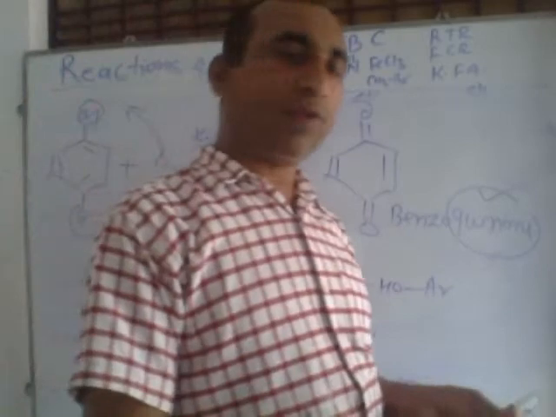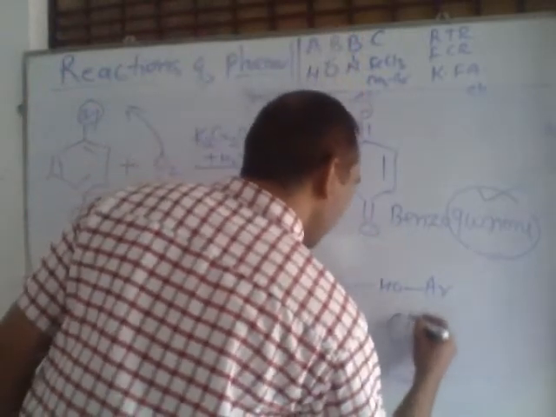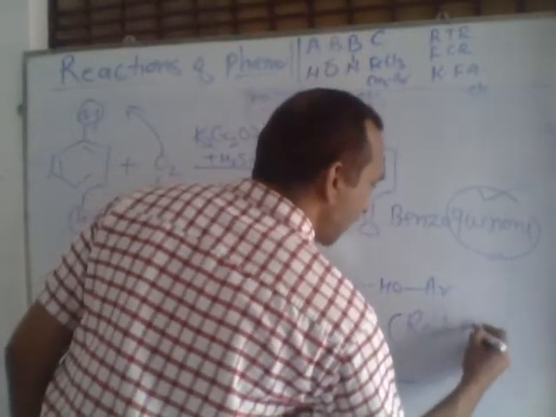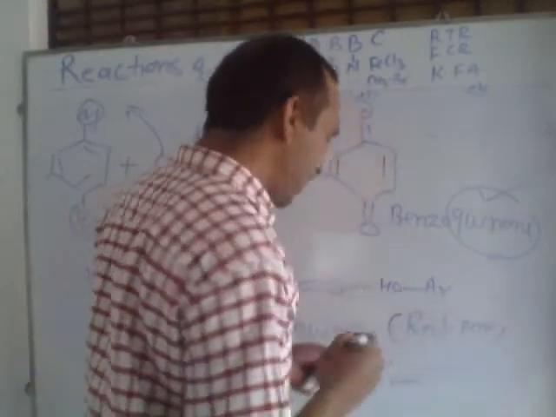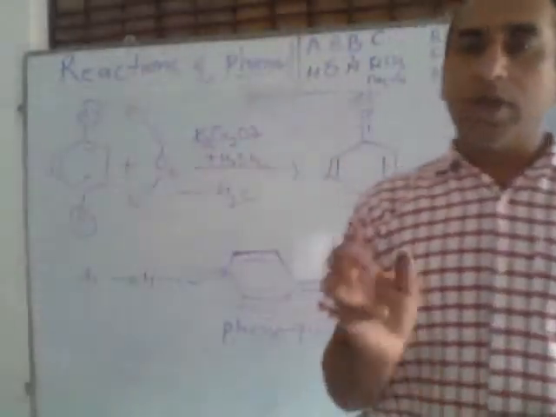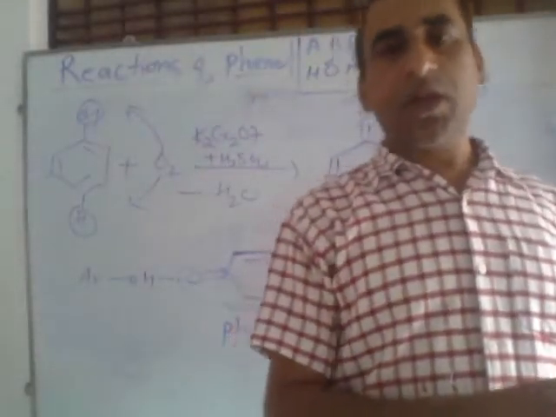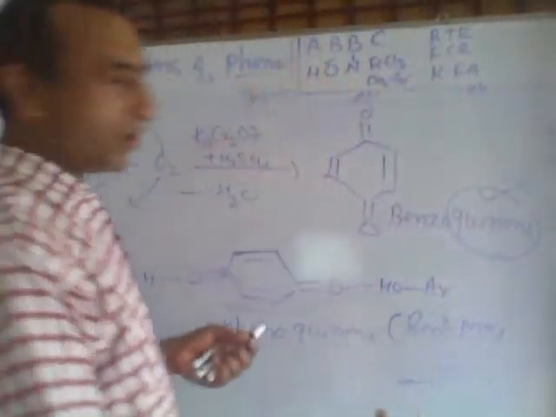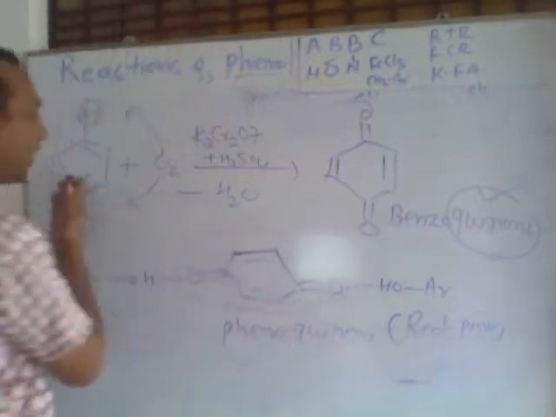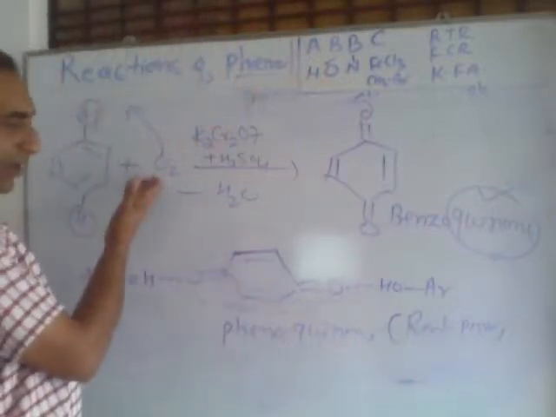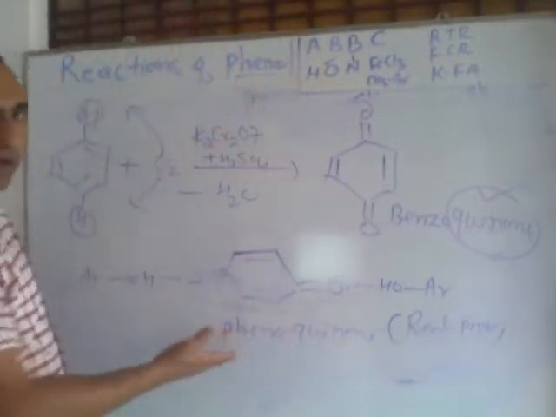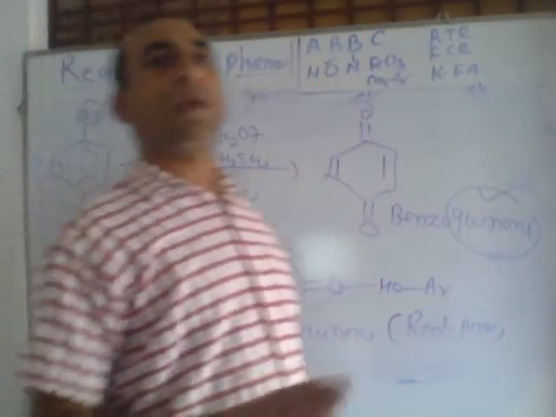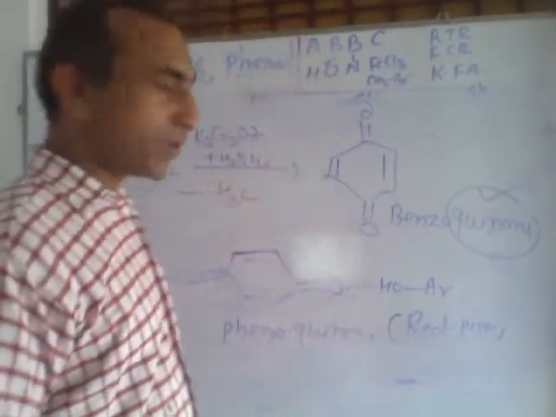The color of phenoquinone is reddish pink. So sometimes they ask why the color of phenol becomes pink, otherwise red, on keeping it in air. Phenol easily oxidizes in air, and due to formation of this compound, the surface of phenol becomes pink due to oxidation.